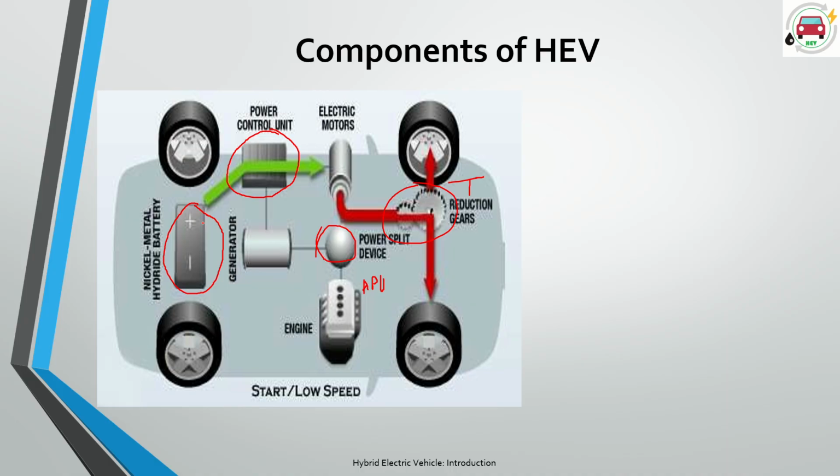Whenever we have a lesser amount of power in the batteries, then we will start the engine, and then we will generate the power with the generator and store it in the batteries, right?